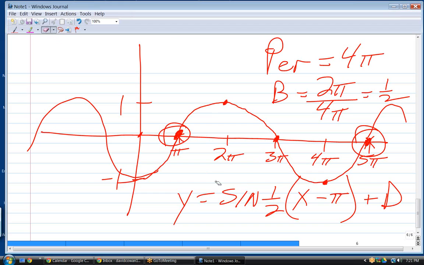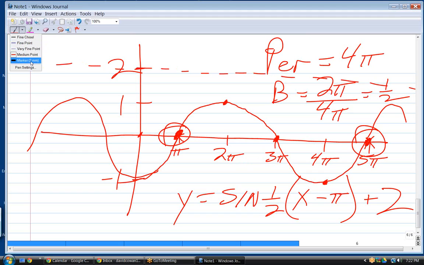So if I wanted to graph sine of 1/2 x minus pi plus 2, I would move my horizontal line of symmetry, which is now on the x-axis, up 2 units to there, draw a dotted line across, and redraw this graph about that new line. In other words, I would still start there. I would go up to there. You see what I'm doing?